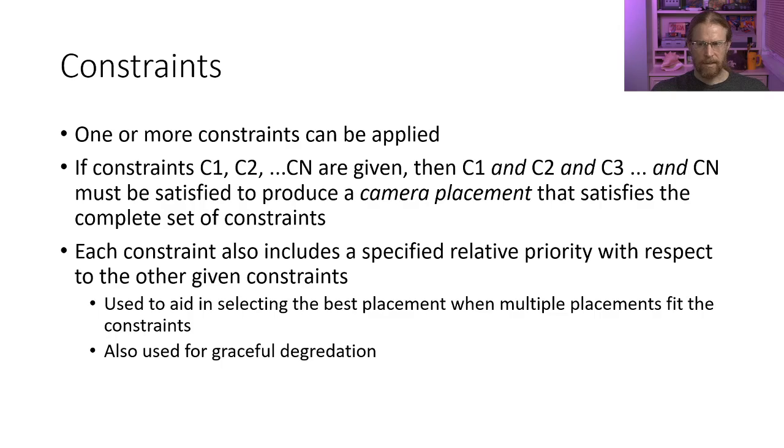So this leverages a constraint system. So there's various constraints that are applied to the camera, and these can vary over time. And so all these constraints, as applied, will produce a camera placement that satisfies this. And there could be multiple camera placements that satisfy.